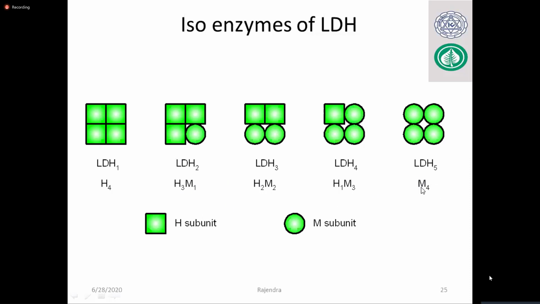One is completely M, one is completely H. Here 2H, 3M, and here 3H, 2M, like this. This is how they are further divided into isoenzymes, like CKMB, BB, MM. Here LDH has 5 isoenzymes similarly. And these 5 isoenzymes are specific for different tissues.